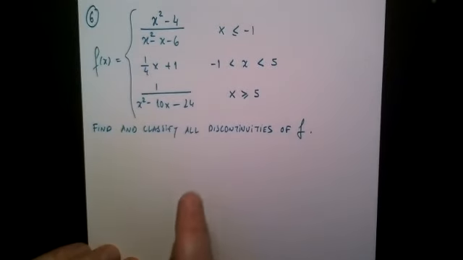Okay, so I want to find all values of x for which the function is discontinuous, and of course tell me if we're talking about a jump, a removable, or an infinite discontinuity.